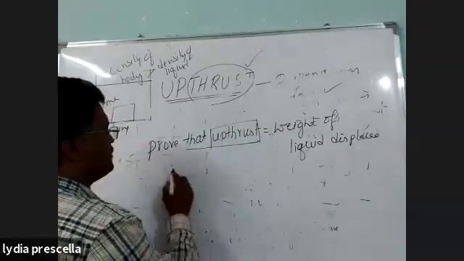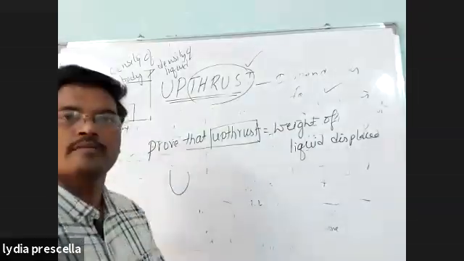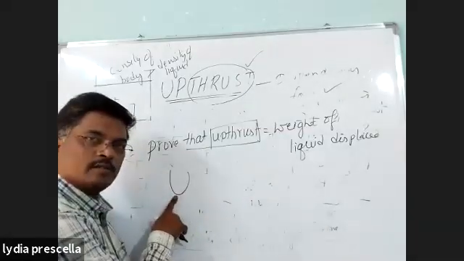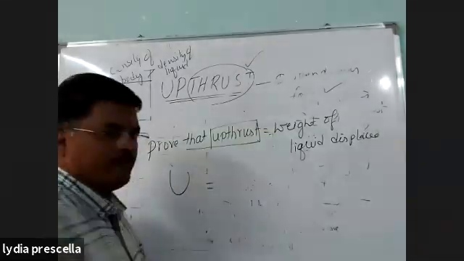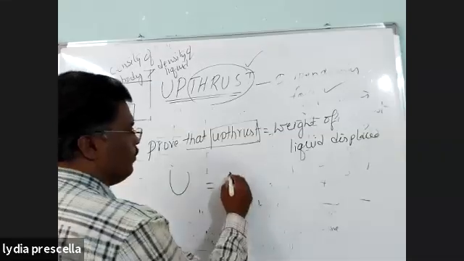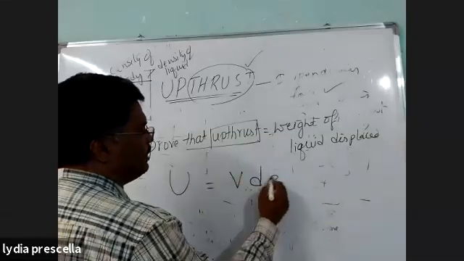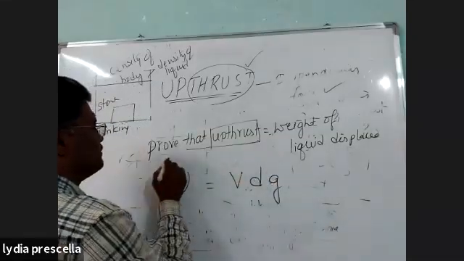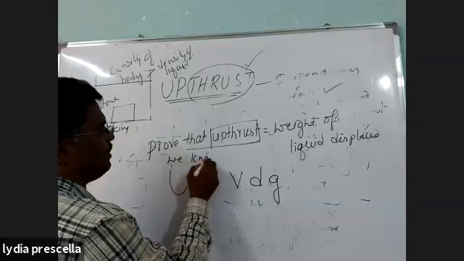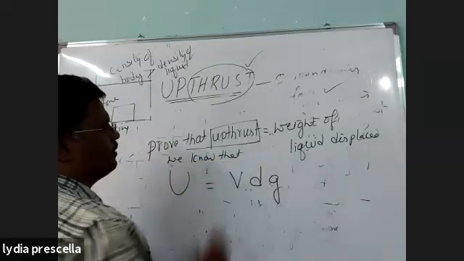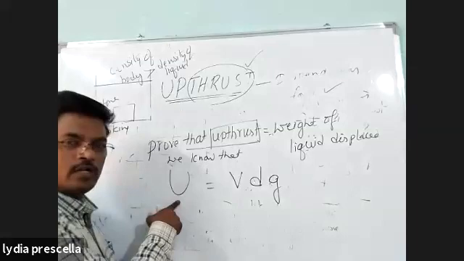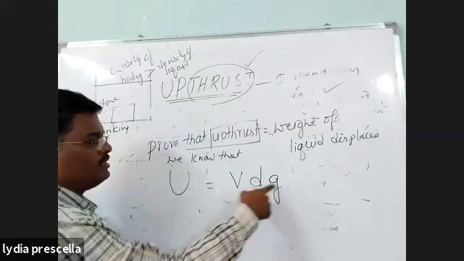Now you know that upthrust, U means upthrust, is equal to, what is the formula for upthrust? V D G. We know that upthrust U is equal to VDg.